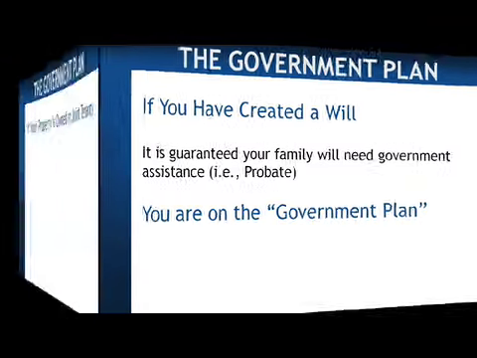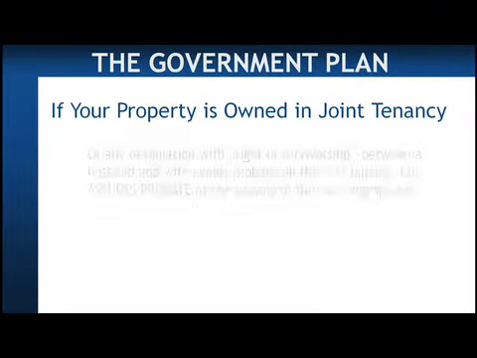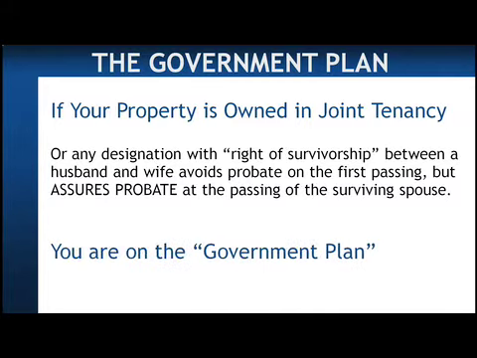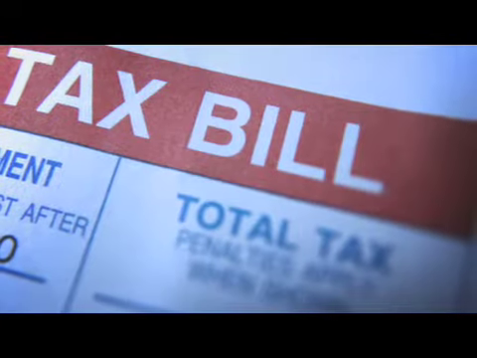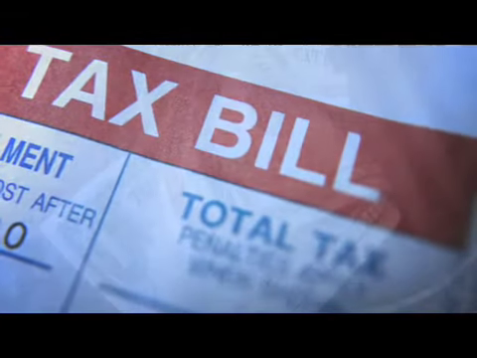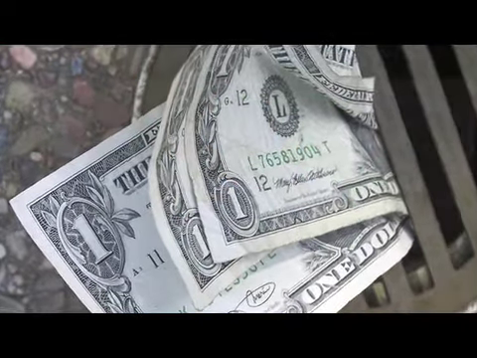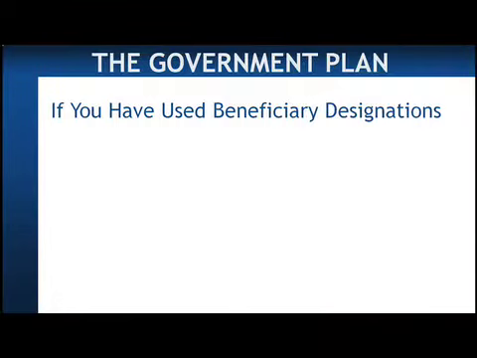Joint tenancy, or any designation with right of survivorship, between a husband and wife will avoid probate at the first passing, but assures probate at the passing of the surviving spouse. It also sets up the possibility of paying unnecessary taxes when they could have otherwise been avoided. Beneficiary designations face the same problem.